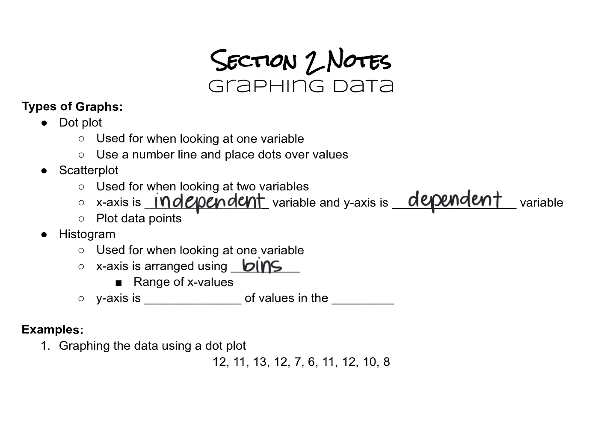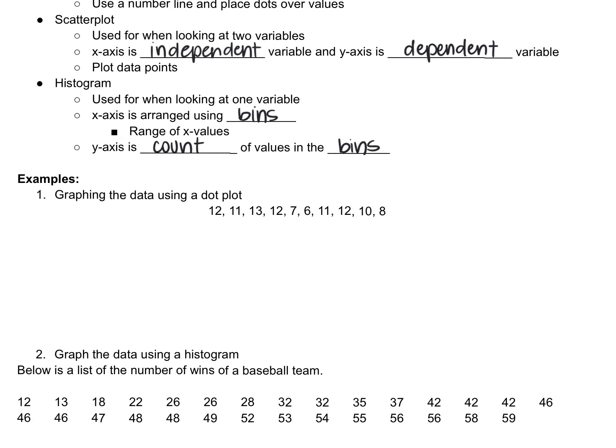So instead of each individual thing being graphed, you're looking at a range of values. So your y-axis is actually a count of the variables in your bins. So like if you have a bin between like 0 and 10, your y-axis would be the number of values that fall within that range. So we're going to do an example of each.